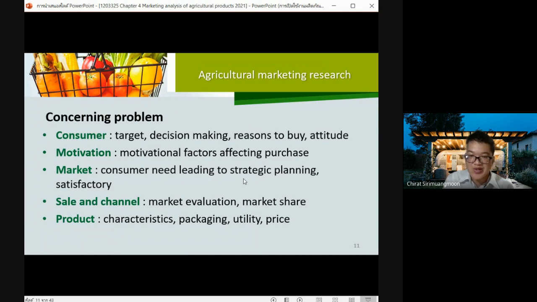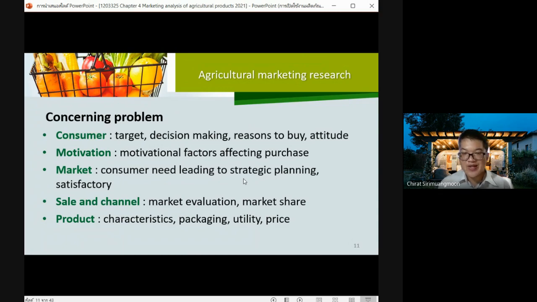Then you might think about the market problem as well. We're going to think in terms of customer need. What do your customers or people actually need? Because it's going to link to strategic planning and satisfaction. So you know what people need to do and need to have, and then you use that information from the market to plan strategies and focus on the target market.